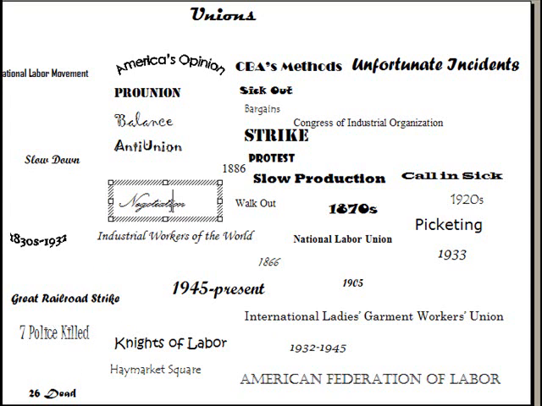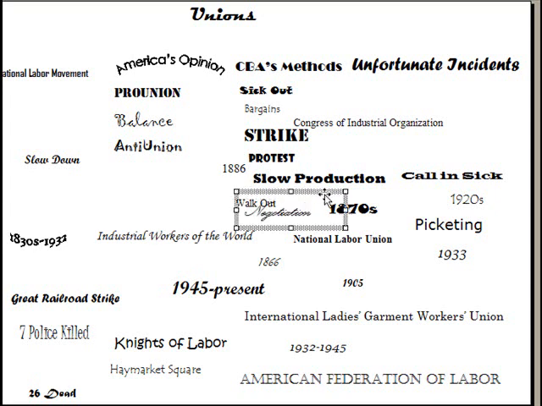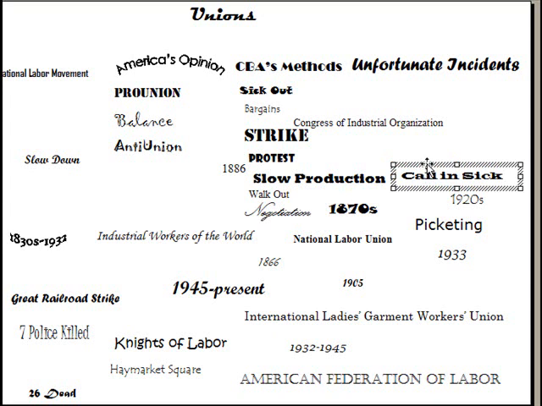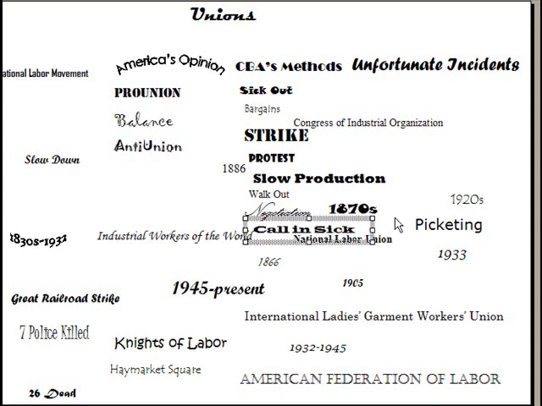If we go on a little further, we can also include negotiations, and we'll leave walkouts right in there too, because that is a CBA method. They could also call in sick, and another popular method is picketing.